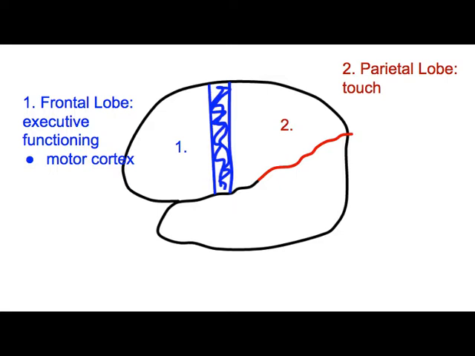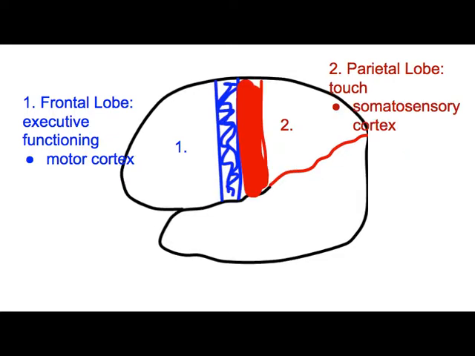Now, just like the frontal lobe, at the very front, instead of the very back, we have what's called the somatosensory cortex. Notice that word soma again, for body. So this is sensing our body cortex.